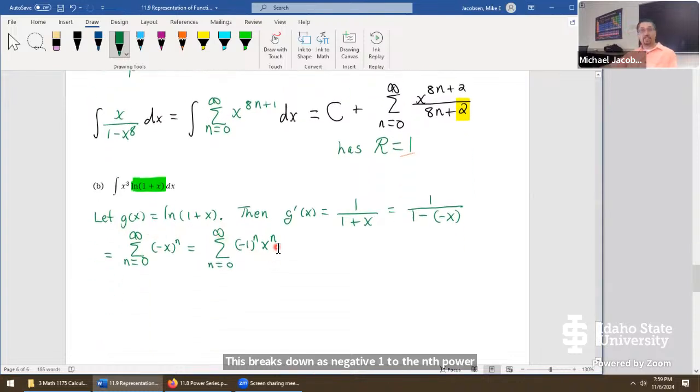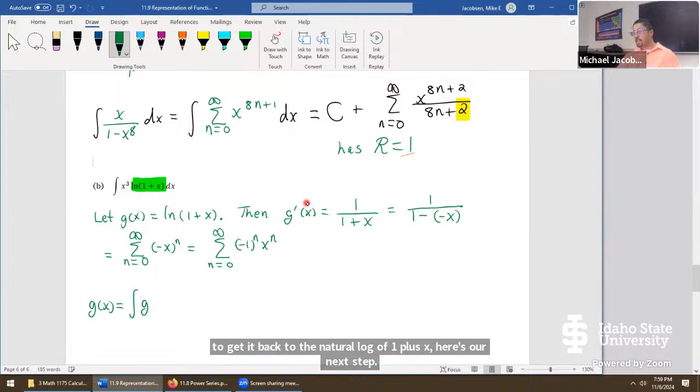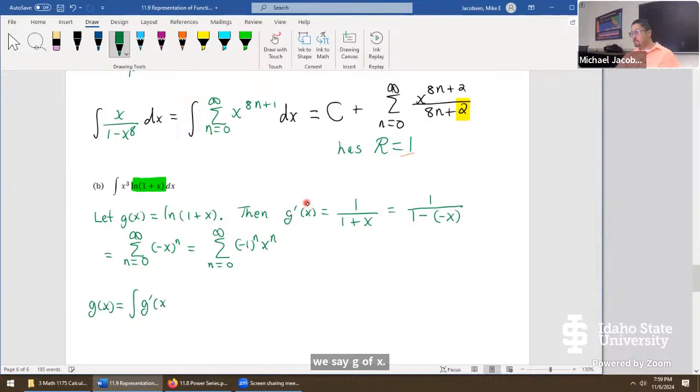So we've got our g of x done. G of x is natural log of 1 plus x. Or excuse me, we have g prime of x done. G prime of x is all of this. Now to get it back to the natural log of 1 plus x, here's our next step. We say g of x is the antiderivative of g prime of x dx.